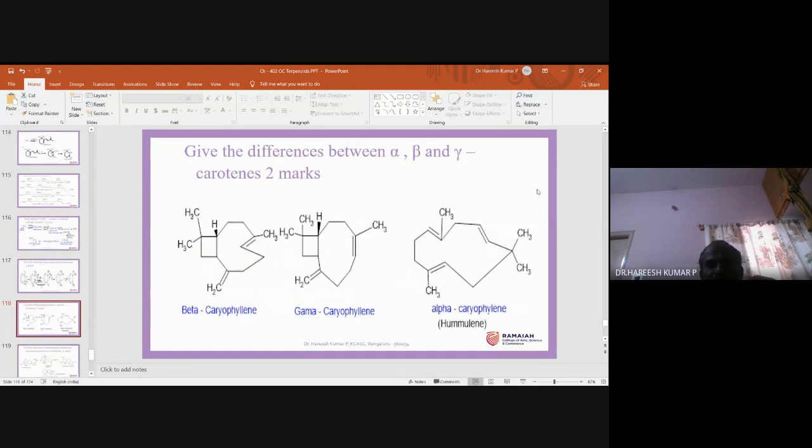Next slide: give the difference between alpha, beta, gamma carotenes. Okay, I think this is not the question. Actually, this is not a carotene, this is a caryophyllene.